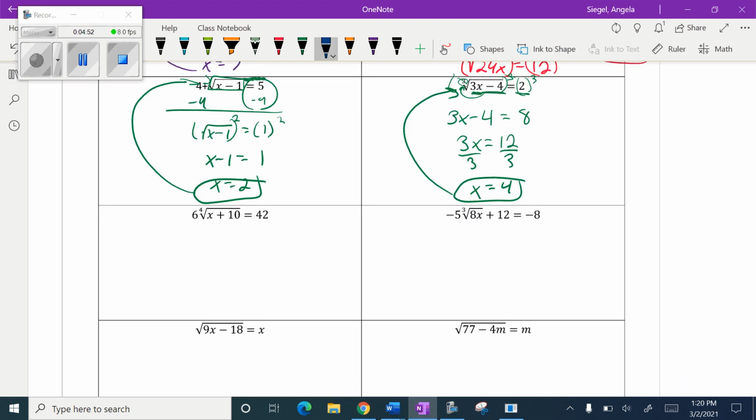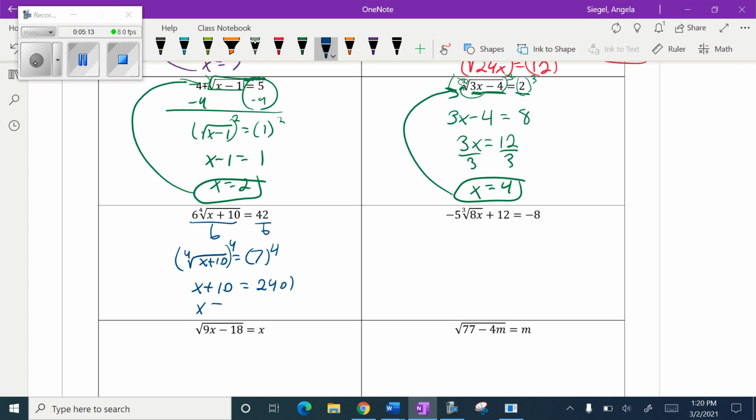Okay, let's do this down here. Again, notice the roots are kind of switching up on us. We're going to divide by 6 because we have that stuff on the outside. So I have the 4th root of x plus 10 equals 7, and I'm going to take this to the 4th power. So I have x plus 10 equals 2,401.